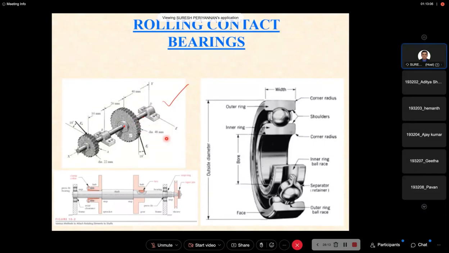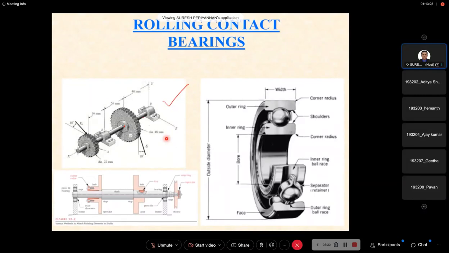These are the basic concepts of where we are using it. Once we understand this, you can easily get the motivation to learn the subject. Now I come to this.